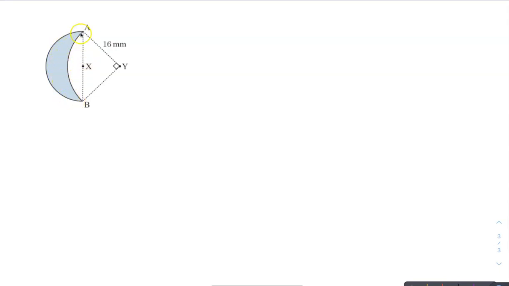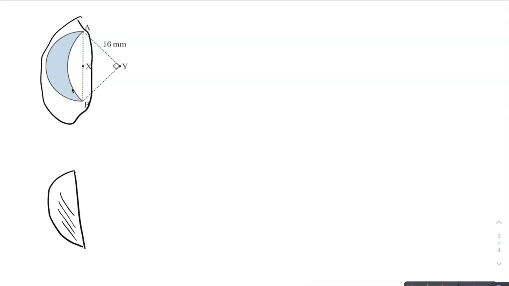So how are we going to do that? Well, let's look at this portion right now. What I'm going to do here is find the area of the half circle there, which is pi r squared times 1/2. And I'm going to subtract off this little white portion right there.